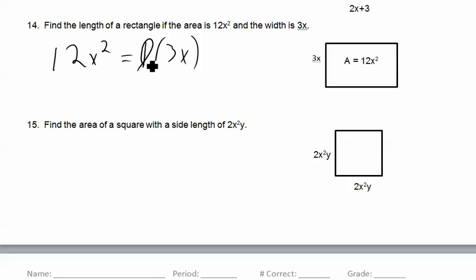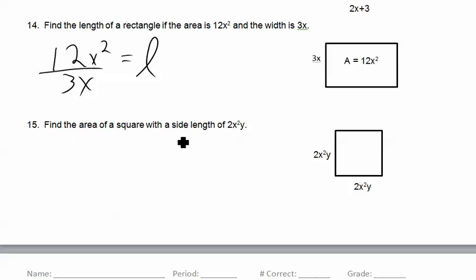Okay? So if I want to get L by itself, we divide both sides by 3x. All of this is going to cancel. And I'm going to erase it here just so that we can see what we're doing. And so L equals 12x squared divided by 3x. And we know how to do that.